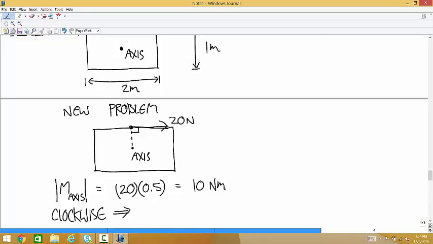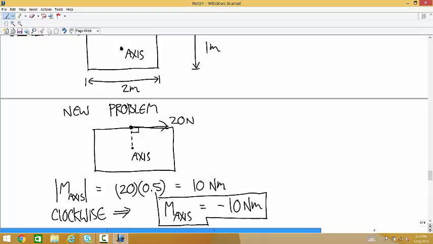Yep, so in this case, you're imagining pushing the top of this thing this way, and it's going to make it spin like that. Okay. So since it's clockwise, the moment about the axis is negative 10 Newton meters. Any other questions about that one?